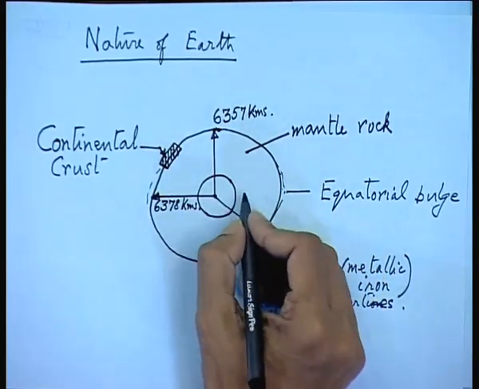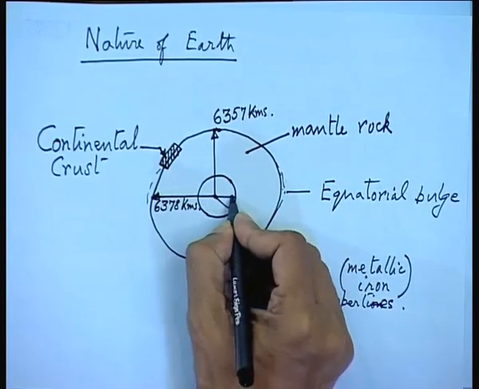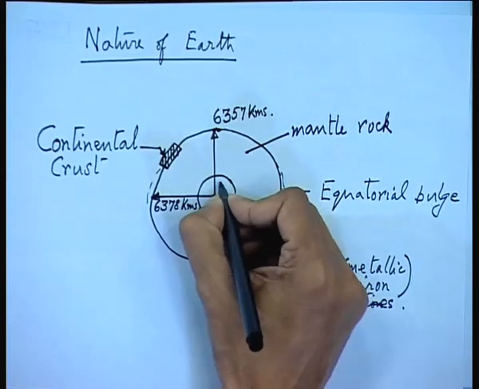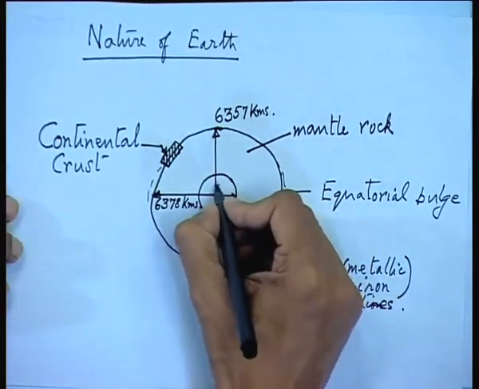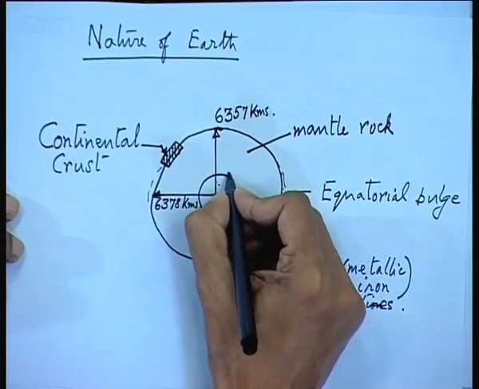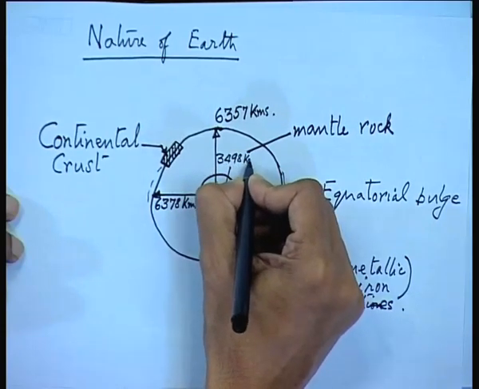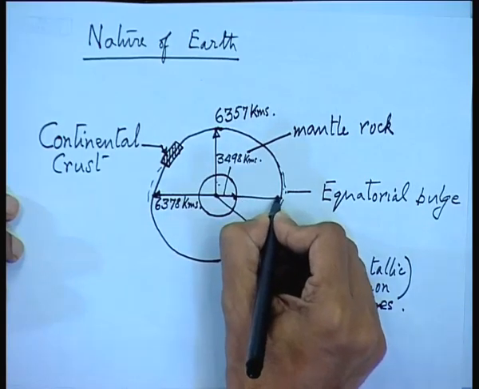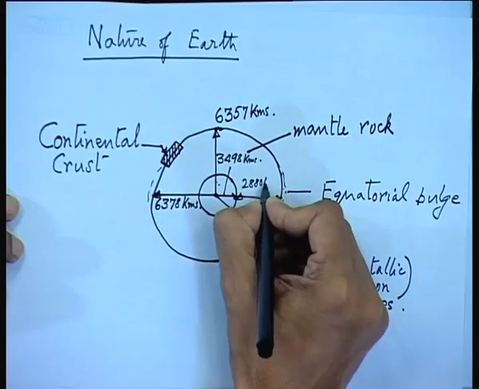From this we can find out that the radius of the core is 3498 kilometers. So, the core radius is 3498, and the mantle thickness is 2880 kilometers.